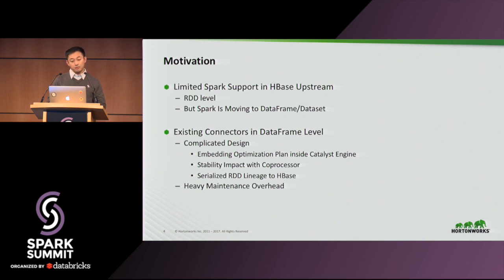More importantly, we want to use Spark SQL to do OLAP processing. It means that we want to push Spark SQL optimizations down into HBase. Everybody has heard that Spark SQL is very good at filter pushdown, column pruning and projection pushdown. This kind of optimization is already applied in Spark SQL.